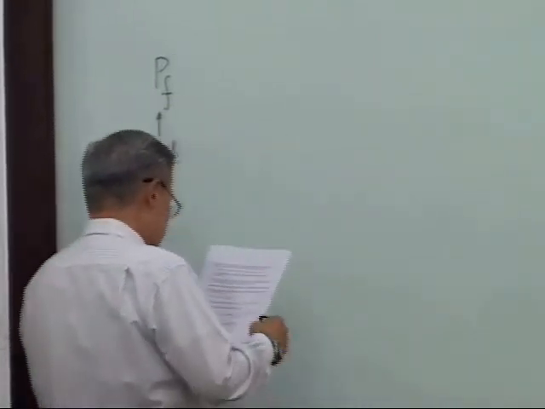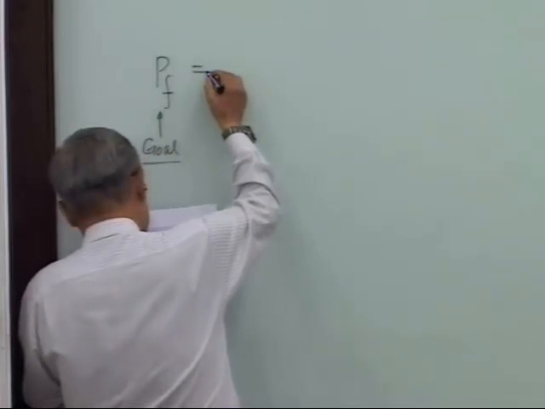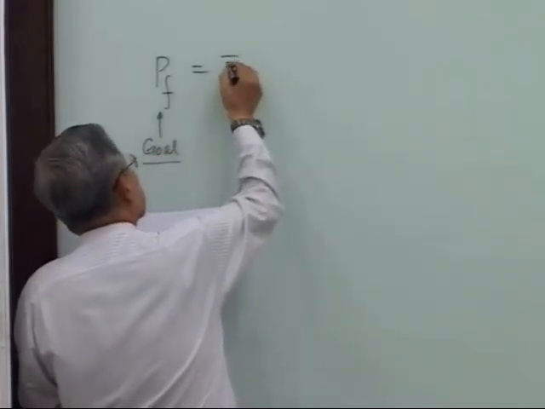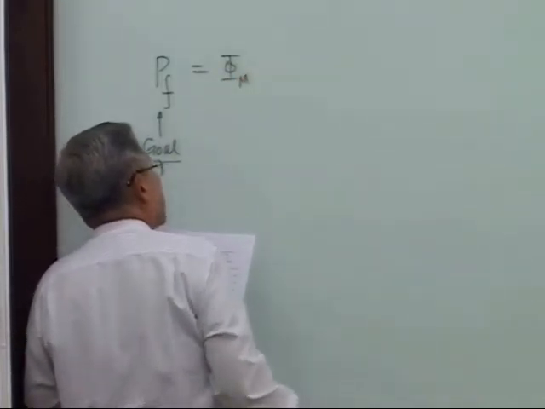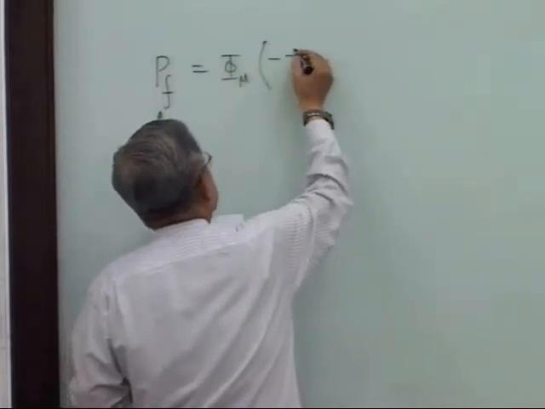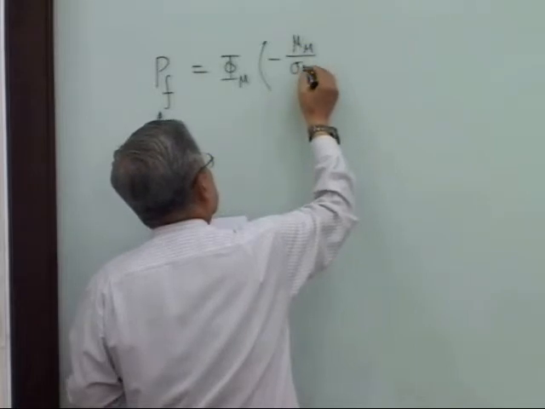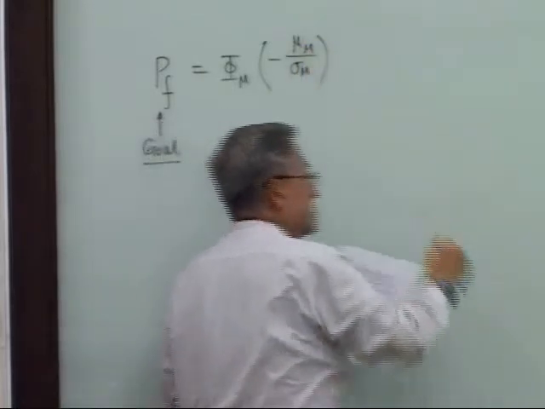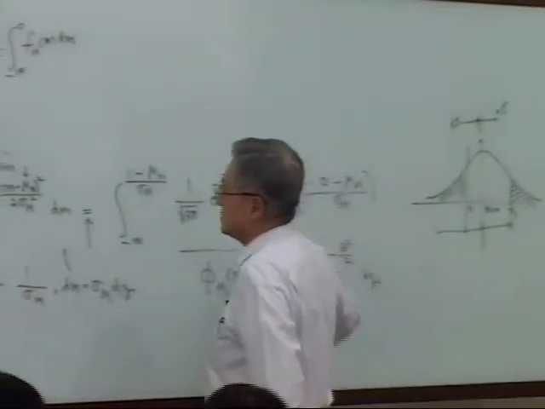Then you can compute the structural reliability factor. So here it is equal to, you know now, phi of minus mu m over sigma m. Right here.